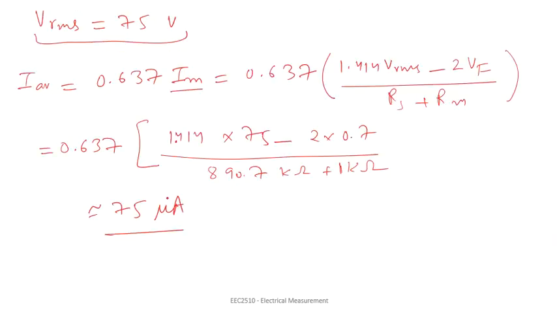If it is representing 75 microampere, then obviously it is representing 0.75 of its full scale deflection value. Similarly, if the voltage range here is changed, let's suppose to 50 volt, you can just repeat this exercise for the 50 volt case as well, and you will see that it will come only 0.5 times of full scale deflection.